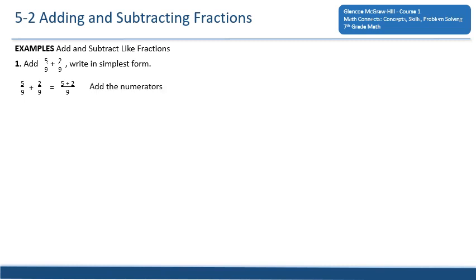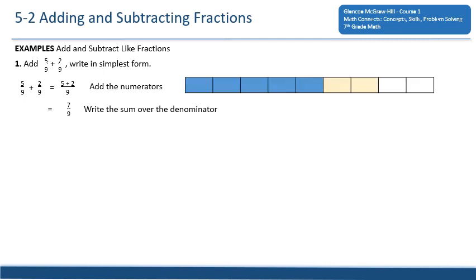If we add the numerators, we get 7/9. And there is a picture, a visual demonstration with rectangles. We have the 5/9, we have the 2/9, and we have 7/9.